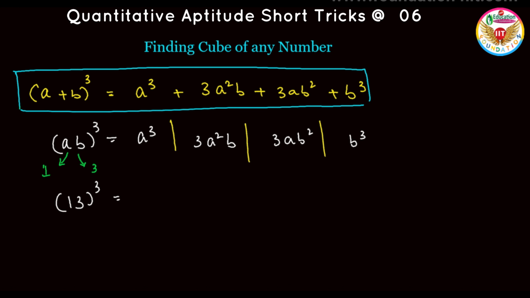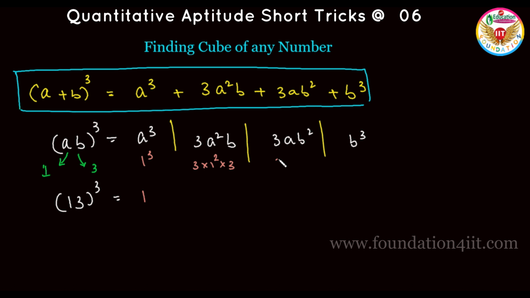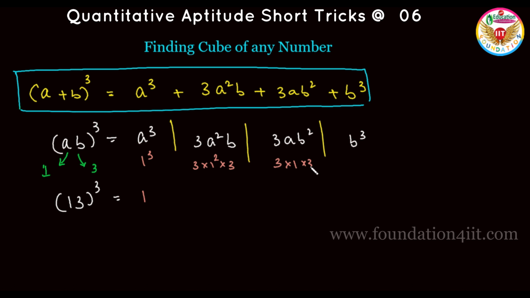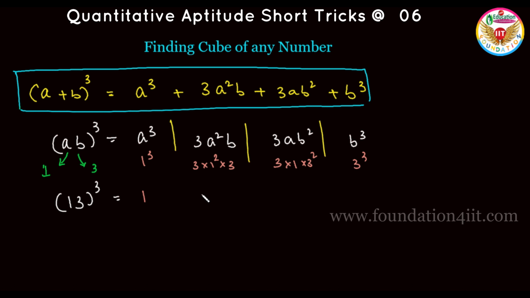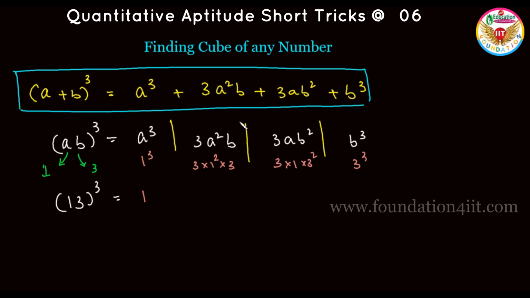Now by observing these numbers, a cube, first number cube, 1 cube is 1, right? Because the place of A is 1, you should write 1 cube, 3 into 1 square into 3, again 3 into 1 into 3 square, and 3 cube. We write this by observing, so no need of writing each and every step.